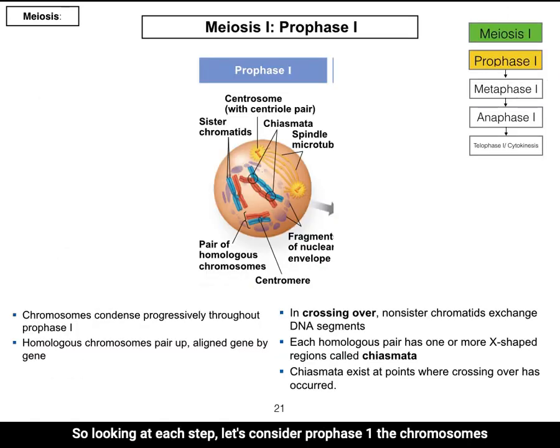So looking at each step, let's consider prophase 1. The chromosomes are condensed and the homologous chromosome pairs align gene by gene. In meiosis, there are crossing over events. This can occur when non-sister chromatids, in the figure above, the blue is one set of sister chromatids and the red is another set of sister chromatids, exchange DNA segments.